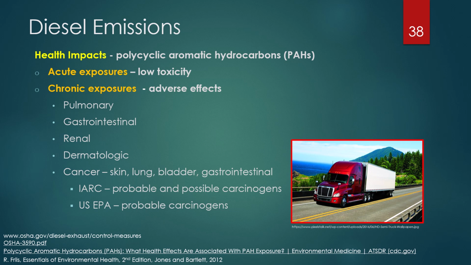Epidemiologic reports of PAH-exposed workers have shown an increased incidence of skin, lung, bladder, and gastrointestinal cancers. The International Agency for Research on Cancer, IARC, classifies several PAHs as probable or possible carcinogens. The US EPA also classifies several PAHs as probable carcinogens.